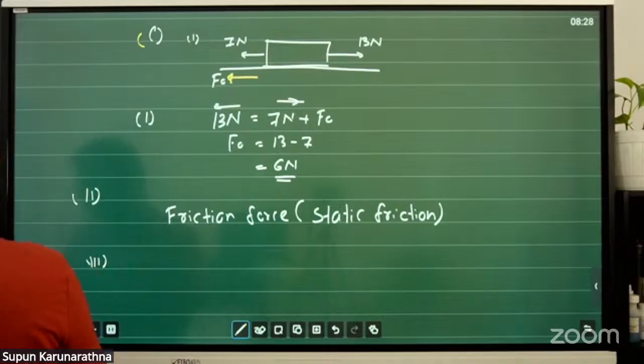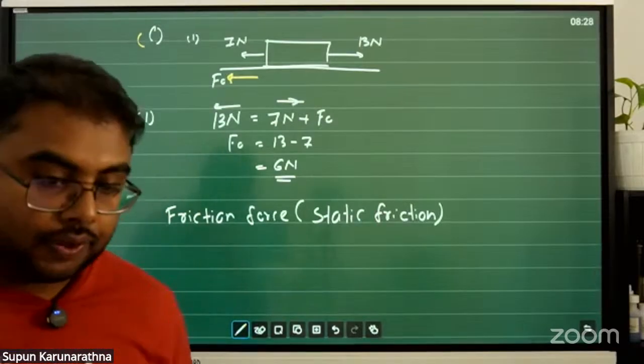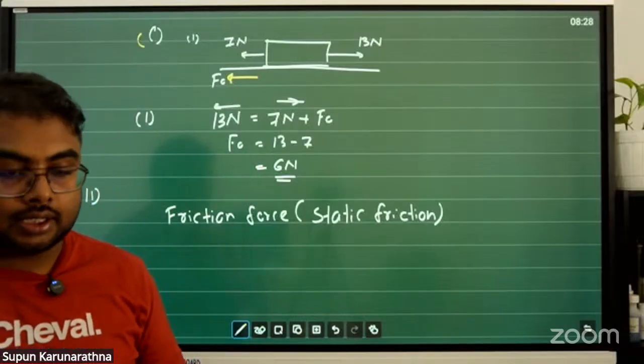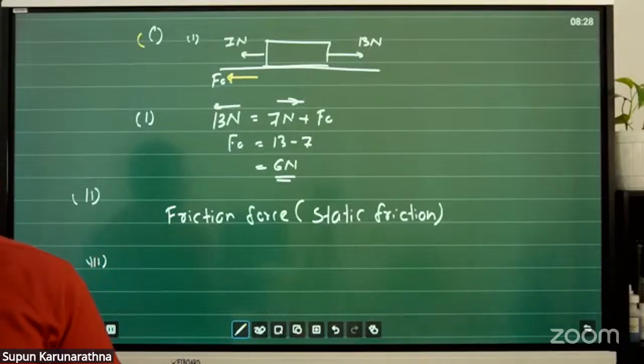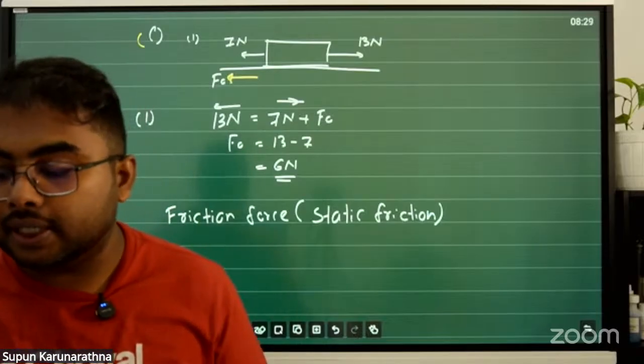Come to the third one of that question. Write two factors on which the force mentioned above depends. What are they? The factors that friction depends on. One is the nature of the contact surface.